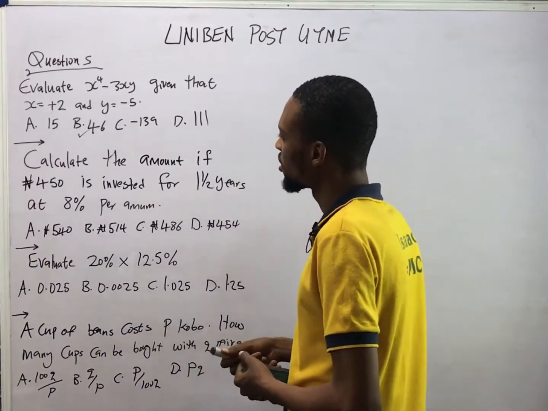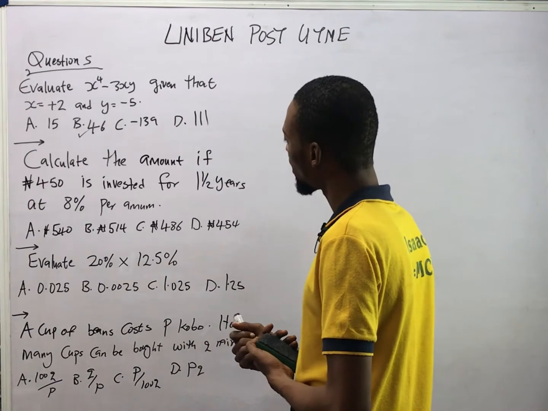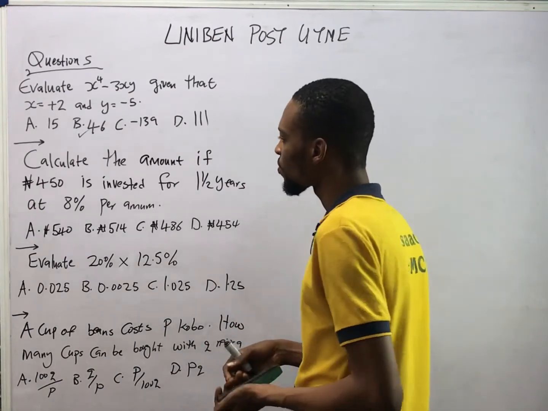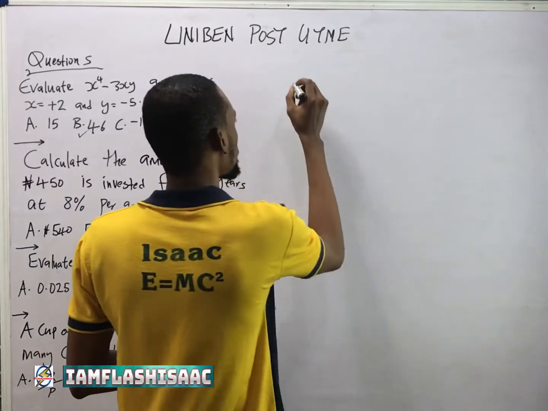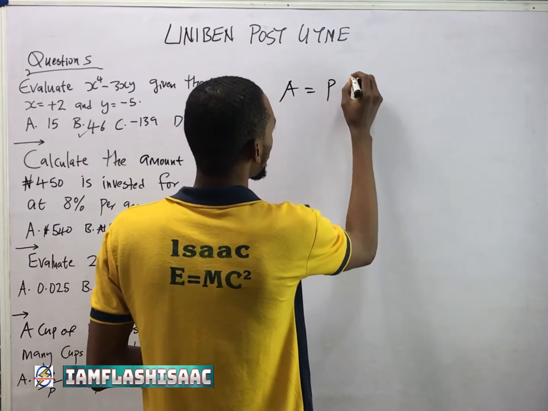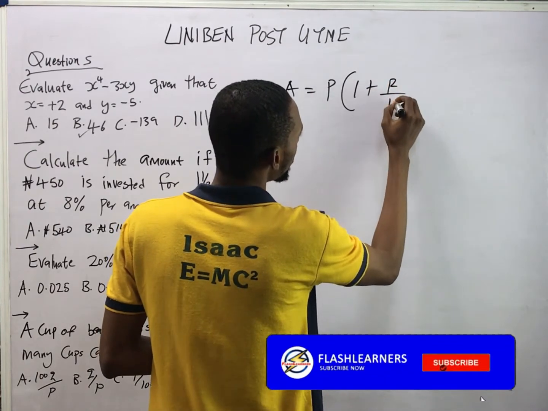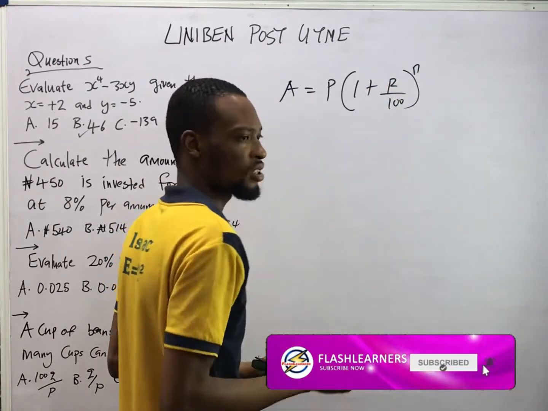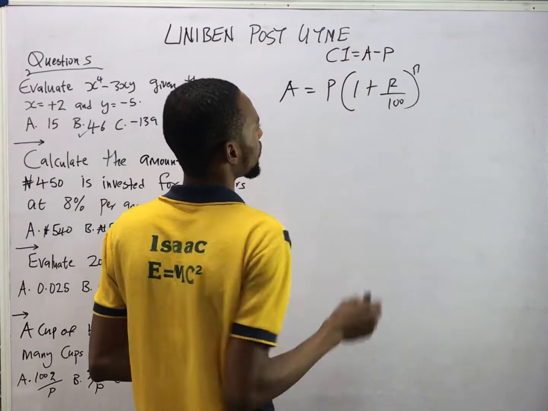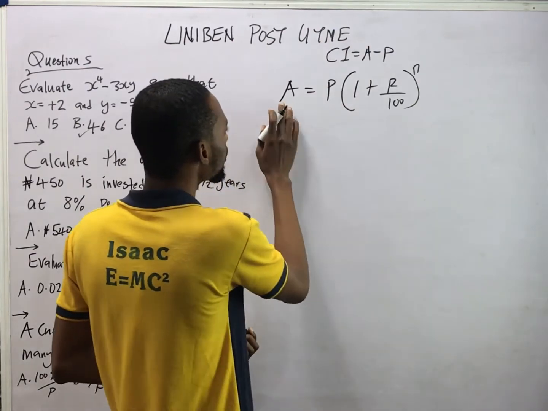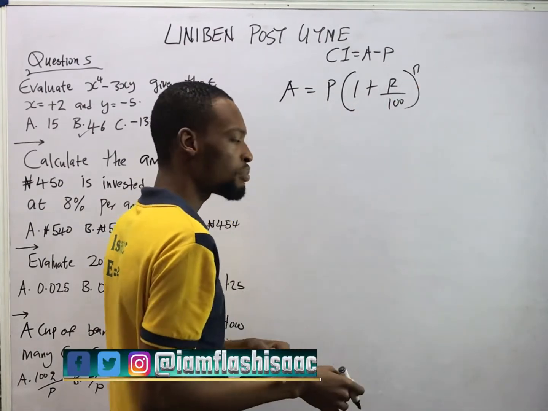Calculate the amount if 450 naira is invested for 1.5 years at 8% per annum. This is simply a compound interest question, and this is the formula to look for amount. Amount equals principal times bracket 1 plus r over 100 raised to the power of n, because compound interest is simply amount minus principal. This is your principal, this is the rate, and this is the number of years, the period.